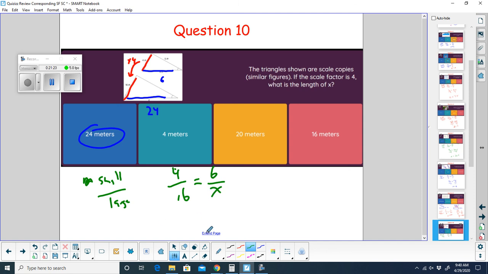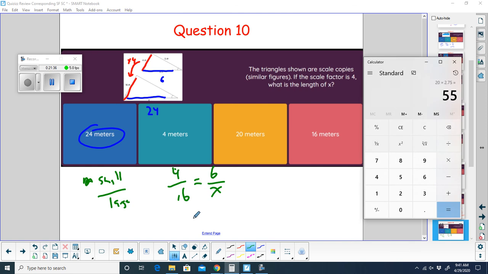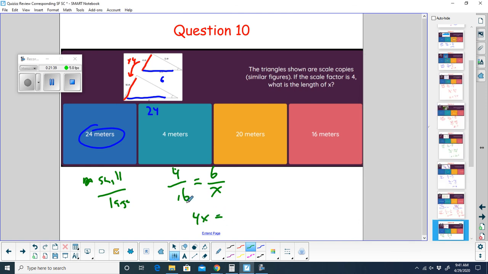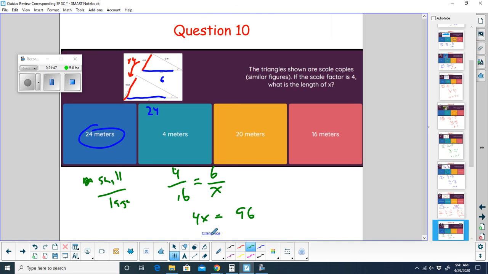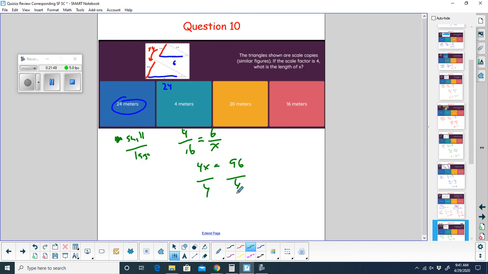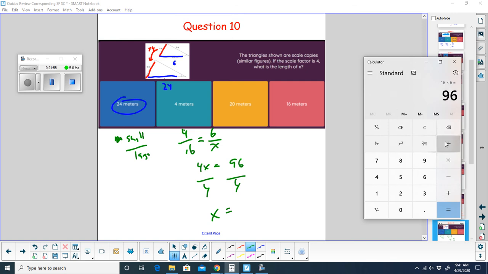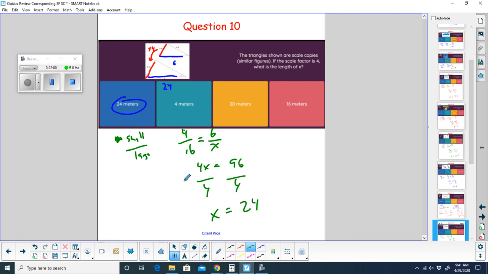So just a different way of doing the problem, but if you're setting up the small triangle to the large, the side that's 4 corresponds with 16, the side that's 6 corresponds with x, and you will see that it will work out. 4 times x is 4x. 16 times 6 is 96. Divide both sides by 4, and you're going to get x equals 96 divided by 4 is 24. Same answer we got the other way.